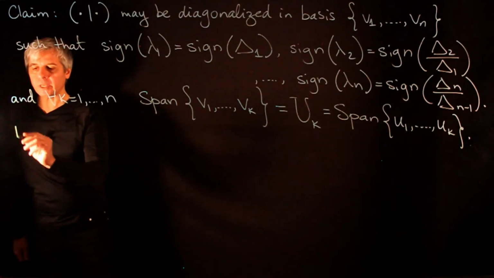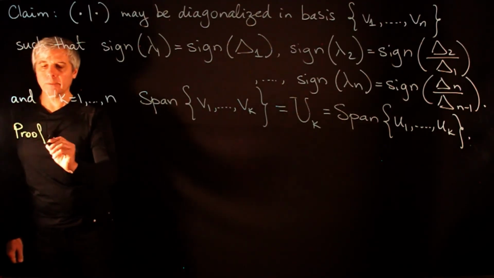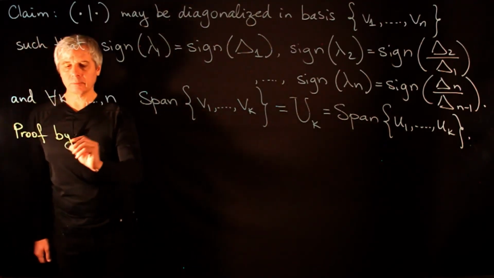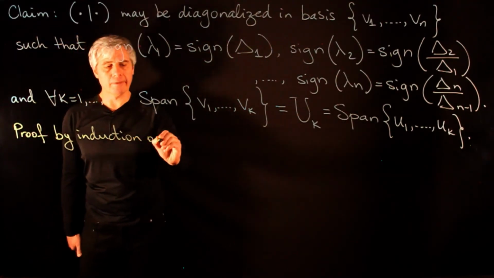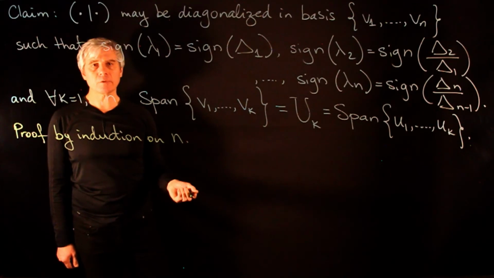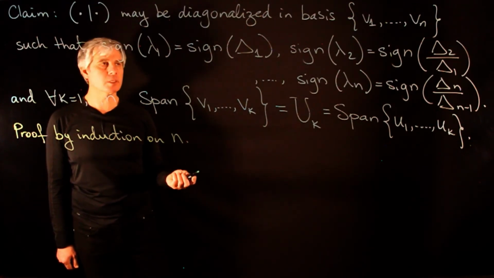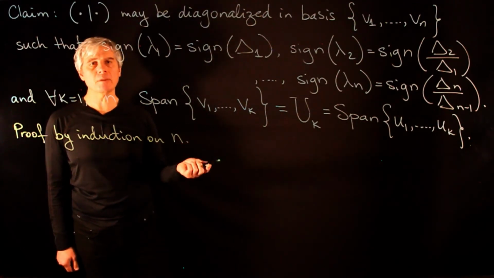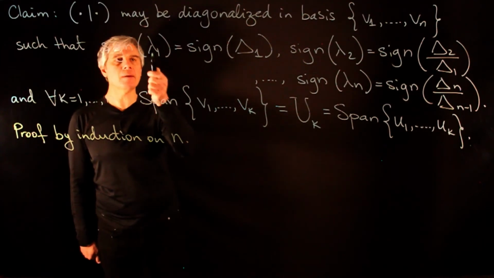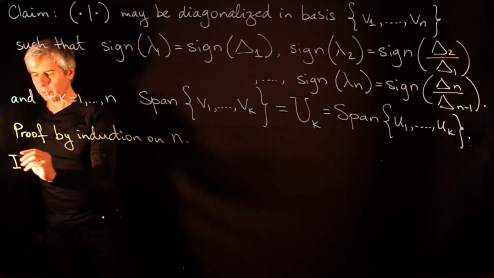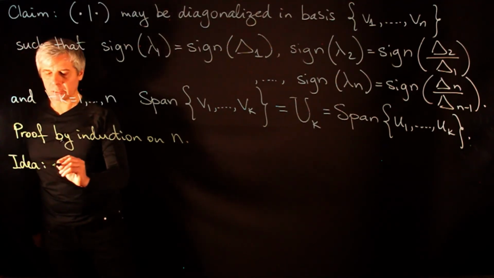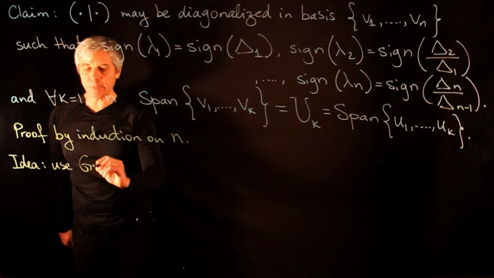We're going to prove this by induction on n. And the basis of induction is obvious because 1 by 1 matrix is diagonal and lambda 1 is simply equal to delta 1. The idea of the proof is to use Gram-Schmidt procedure.